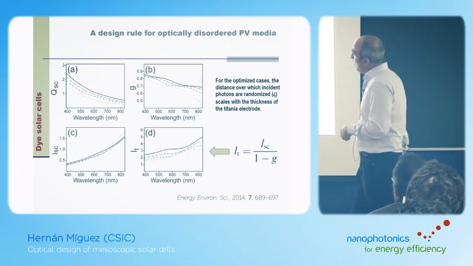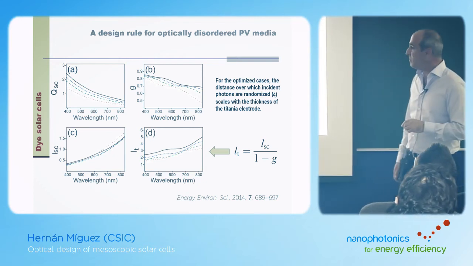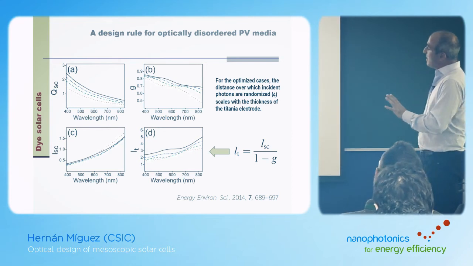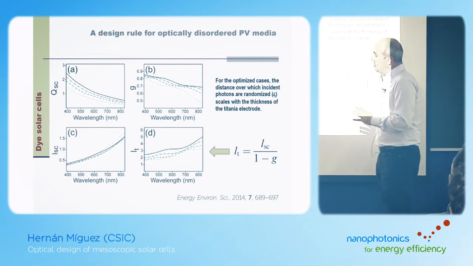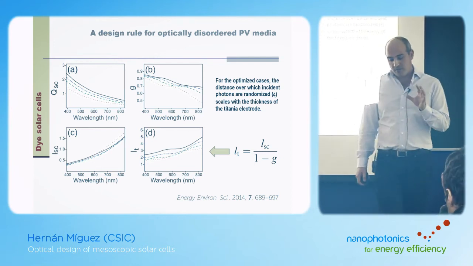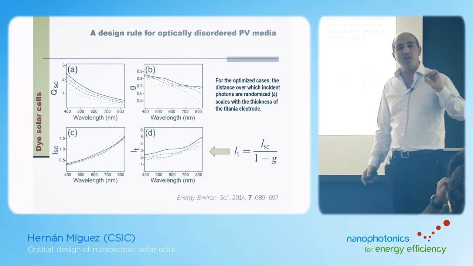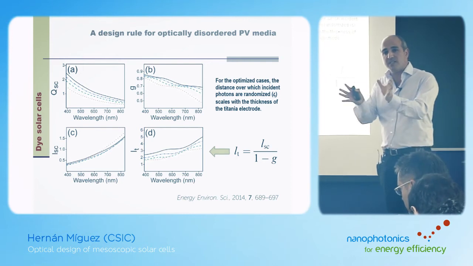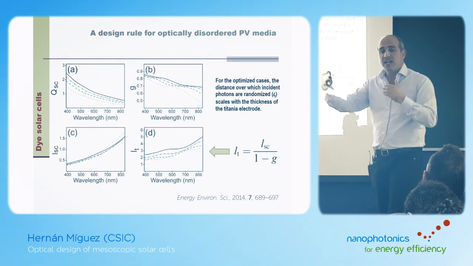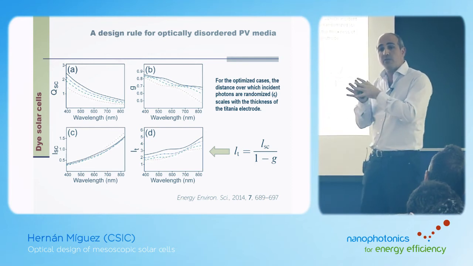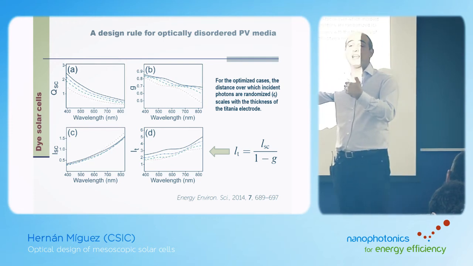Okay, basically once you do that, you can get a sort of design rule for disorder that I'm not going to be very specific about, but basically what you can do is decide what is the right size of your particle and the right concentration, so your light gets randomized inside the cell. So you have your light coming into the cell, and it gets slowly randomized inside your electrode. And you want that randomization to take place in the length that corresponds to the thickness of your electrode.